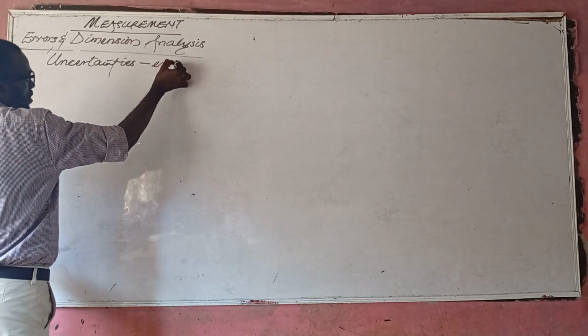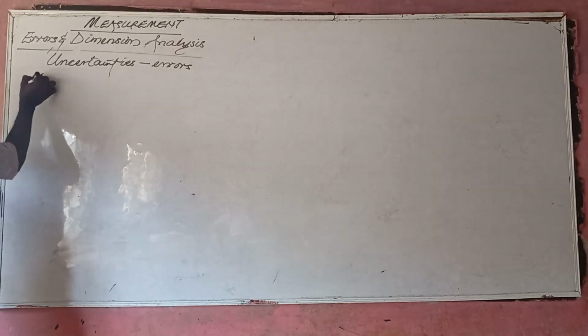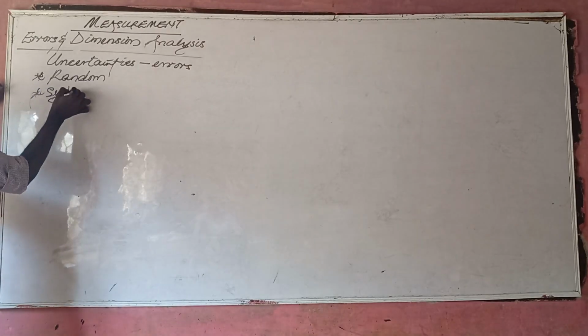You can have what is called uncertainties. So uncertainties are basically what? Errors. Your uncertainties are your errors. And errors are classified into two major types. We have the random error and the systematic error.